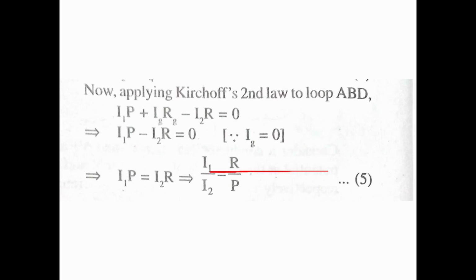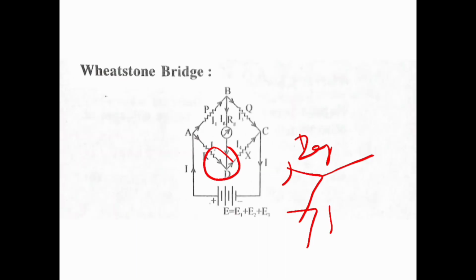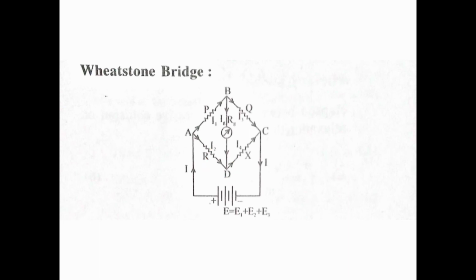Next, now applying Kirchhoff's second law to loop ABD. How can we write?